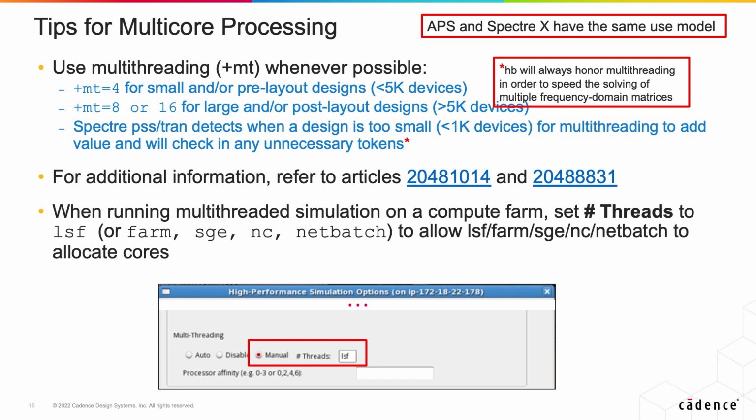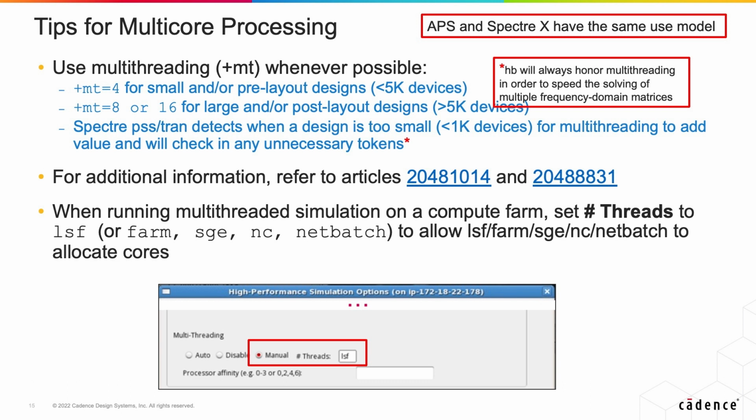When you use multi-threading, you can say I want 8 threads or 16 threads for post layout, or if it's a small pre-layout design, I can do it with 4 threads. Or if you have a job distribution policy where you use LSF, you can put LSF over there, and the same goes for APS or Spectre X. It doesn't matter which engine you have chosen.